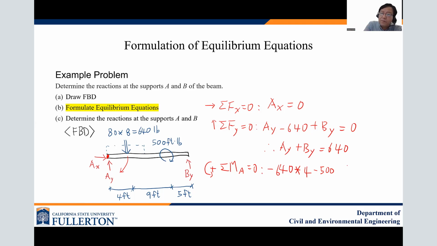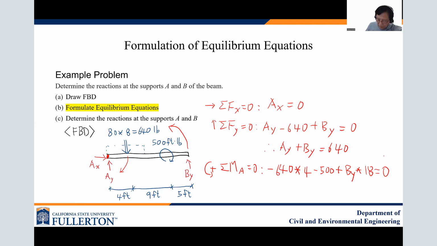And then B_y times the total distance, which is 18, right? And that actually gives a counterclockwise moment. So that one is positive. That one equals 0.